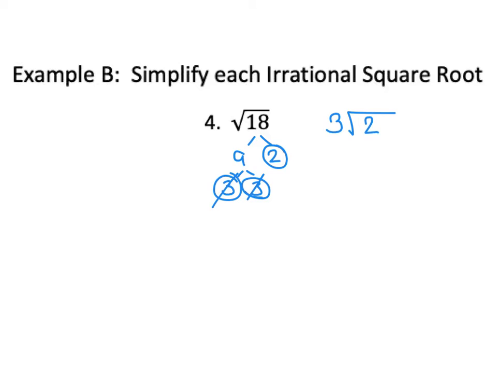Okay, so that's one way. A second method would be, if you have good number sense, if you know that root 18 is equal to 9 times 2, meaning you know your perfect squares, and the square root of 9 would be 3, and you don't know the square root of 2, it's irrational, so that's 3 root 2. So you pick which method you like best and that you're fastest at.